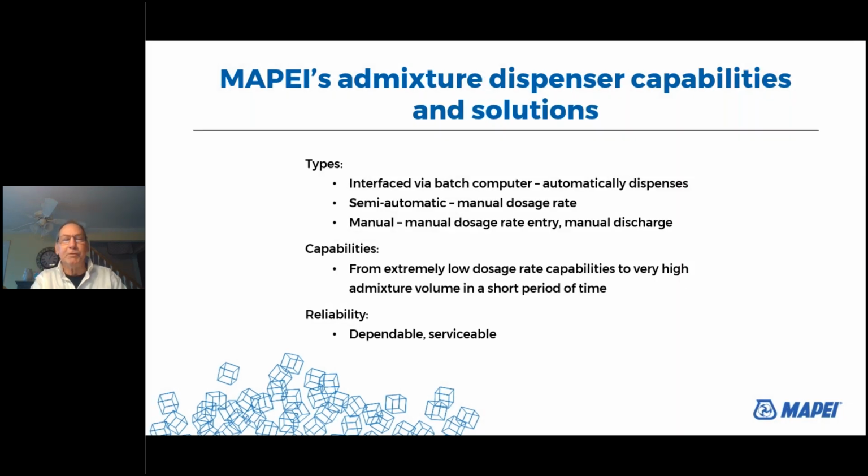The admixture dispenser solutions, like I said, there's interface. It's just automatic. They press a button, everything works in conjunction with the batch plant. There's semi-automatic, and that means we can dial in a dosage rate of admixture we want and press a button. Or manual, which a lot of times we use outside on a large project or a road project, and it's a 3-position valve. You press it down to fill it, and you push it up to discharge it.